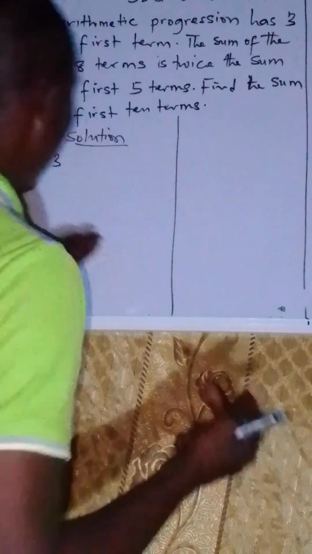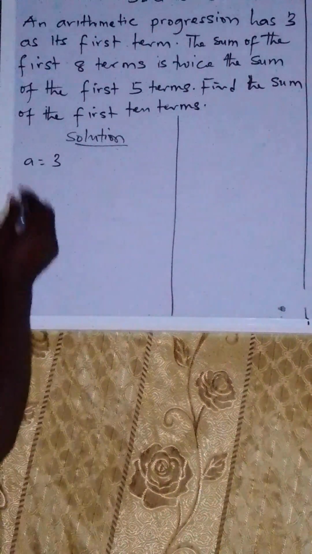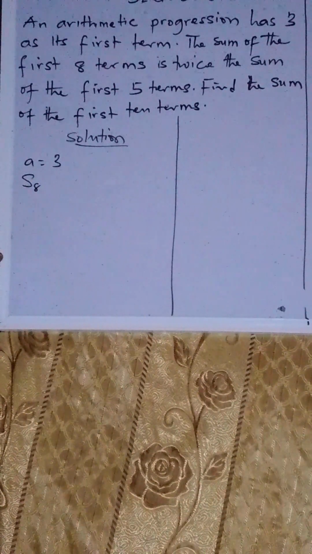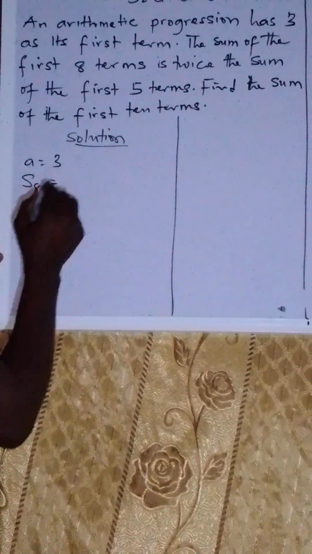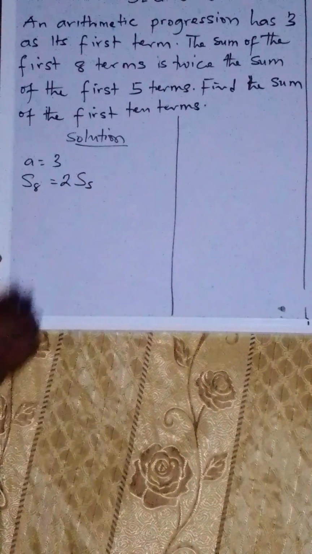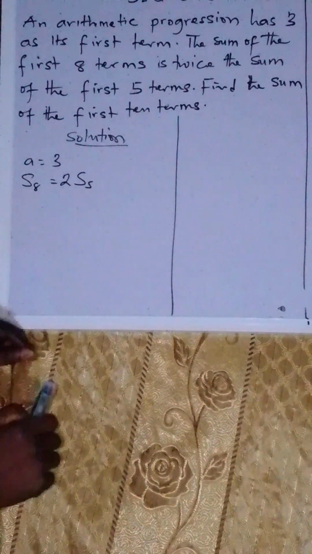Now we write that mathematically: S8, meaning the sum of the first 8 terms, equals 2 times S5, the sum of the first 5 terms.